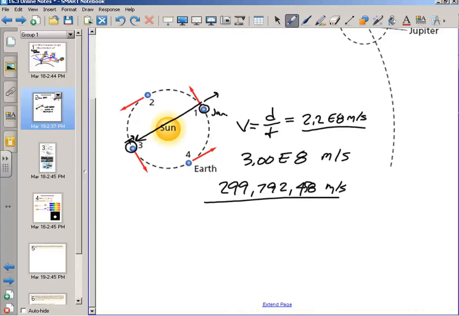Now, this will never change, even as we get better and better at measuring the speed of light. No decimal points will get tacked on. What happens is we will actually adjust the meter to make it fit. So this is the exact speed of light all the way out to infinity. It's kind of neat how that works.